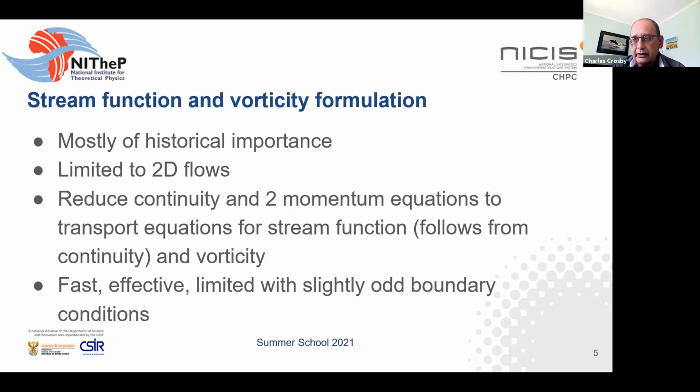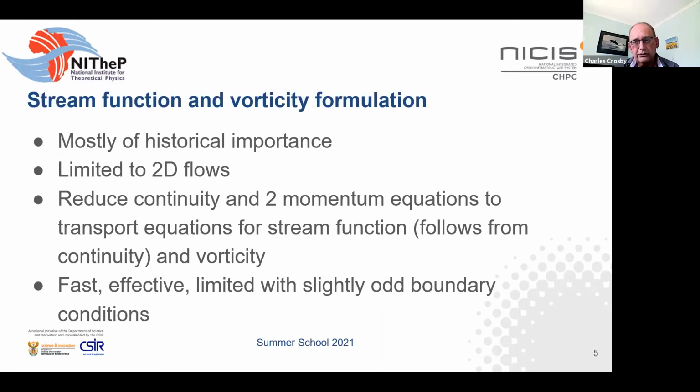So originally, and once again, this is an illustration of how clever people are when they don't have good computers, is the development of the stream function and vorticity formulation of the equations. It's limited to 2D flows, which is its real shortcoming. It's got some funny issues around boundary conditions, etc., but those are easily resolved. But the biggest problem is it's only really defined for two-dimensional flows.